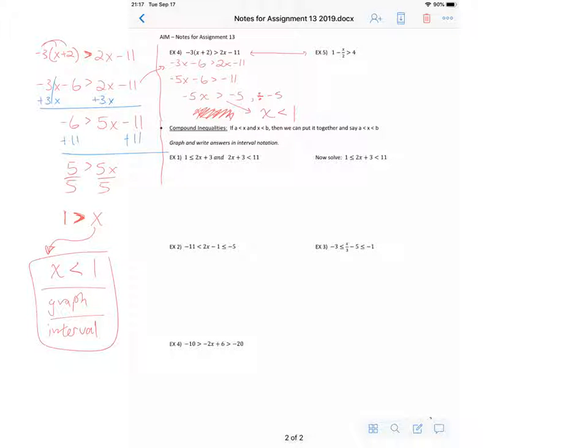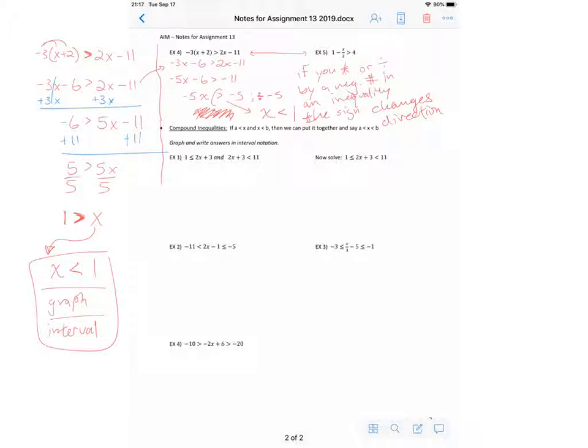Well, there's this extra little rule here that states if you multiply or divide by a negative number in an inequality, the sign changes direction.